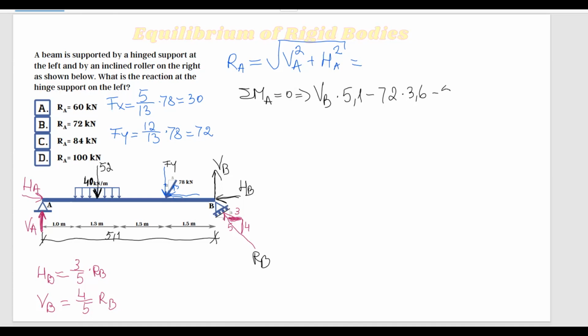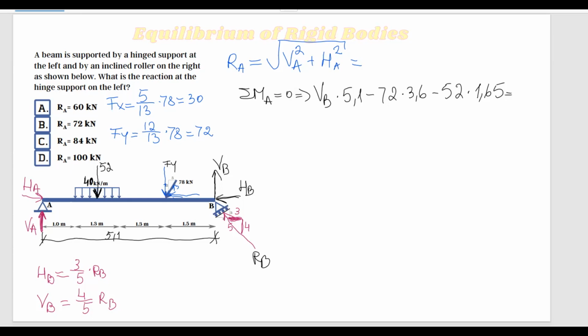The resultant is 52 multiplied by the arm, 1 plus 1.3 divided by 2, which gives 1.65. So the arm of this resultant of the uniform load is 1.65. And these are all the loads I have.